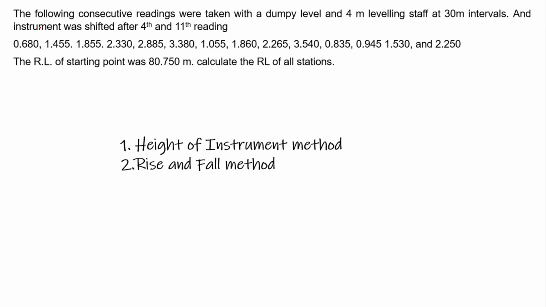We have to find out the RL of all other points, and the RL of the starting point was given as 80.750. We have to calculate the RL of all other stations. For calculating this, we have two methods.